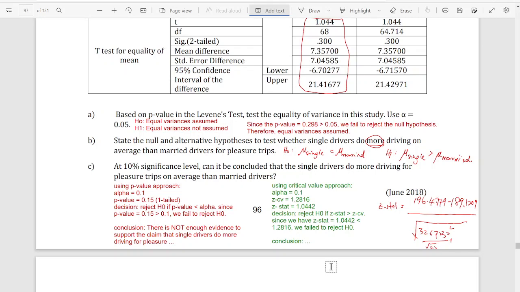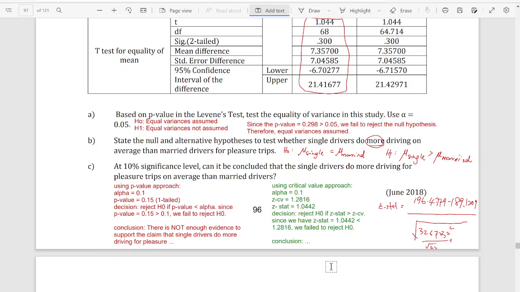So that is the two approaches that you can use. If you are using the p-value approach, you can just take the p-value from the table. If you are using the critical value approach, then you have to decide whether to use the Z statistic or the T statistic, depending on the given information.